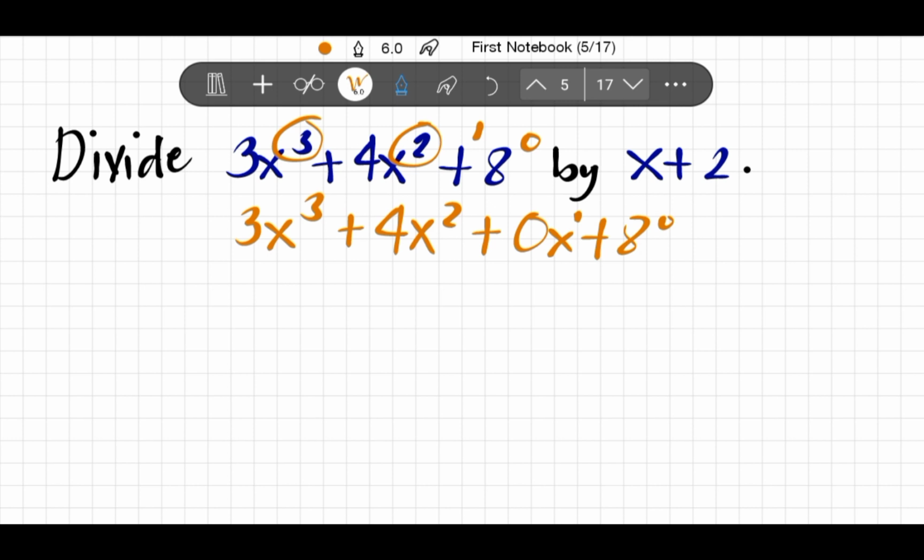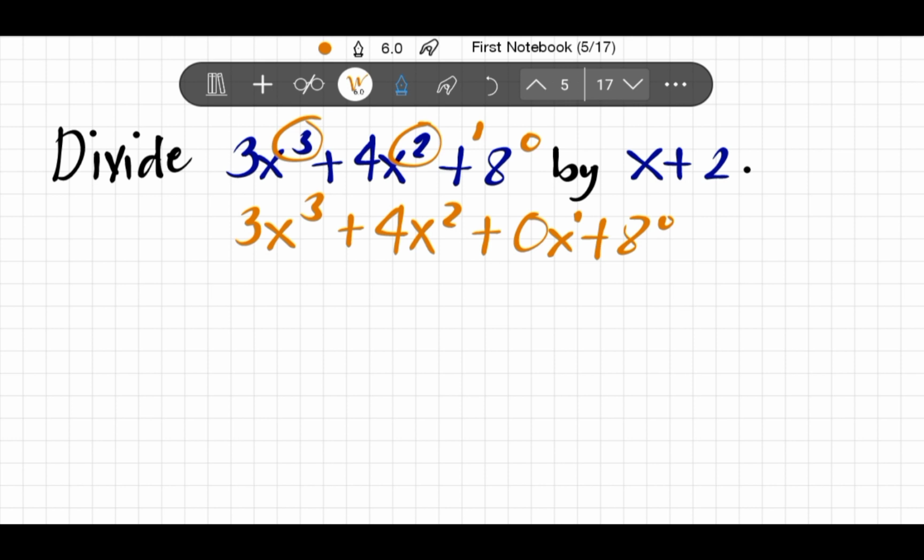So that is why it is very important to know if the given dividend is in standard form or not. Because if you already divide the two polynomials without rewriting the given dividend into a standard form, you will get a wrong answer.